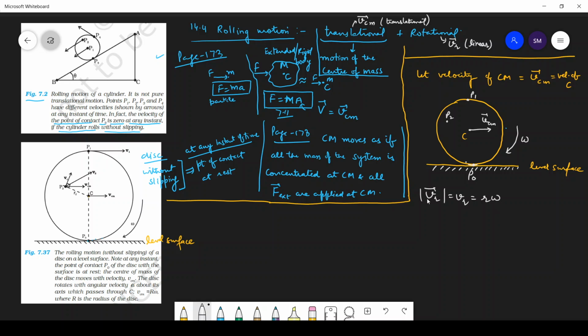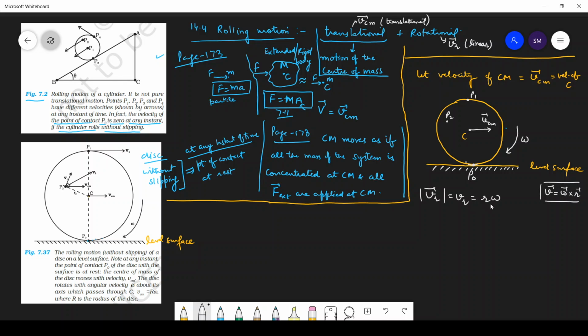If I am writing the formula of this velocity, it is omega cross R. We don't need this, but we get this formula from there.